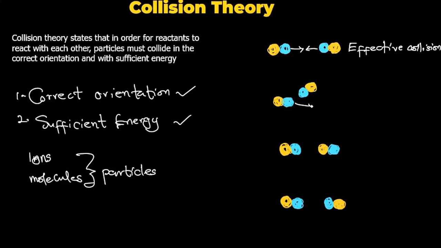Now we can also have a collision, but then the orientation might not be correct. So if this is going this way and this is coming this way, we might not have an effective collision. And therefore, the particles will just bounce off each other. That means that one, they don't have enough energy. In this particular case, let's call this A, let's call this B. In B, we'll say that the orientation is not correct.